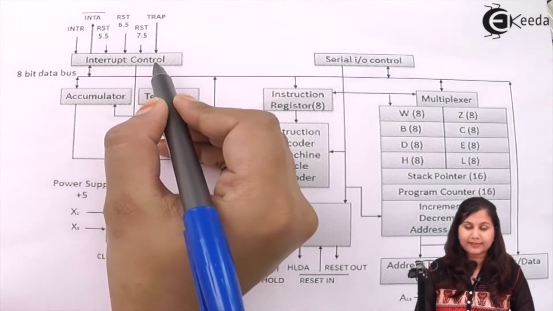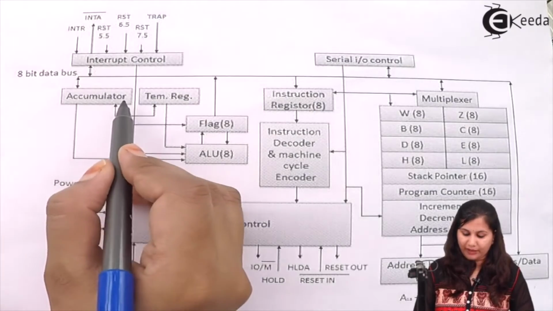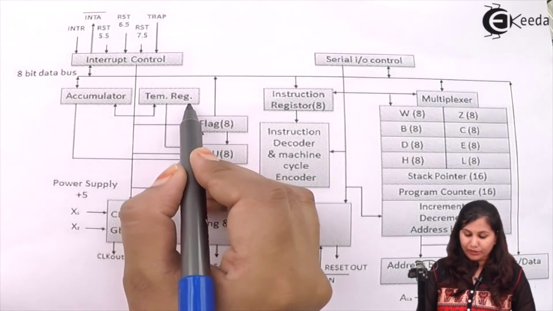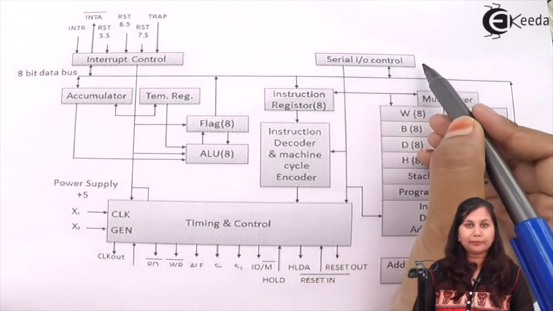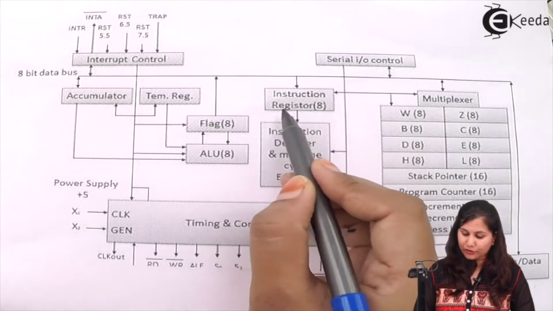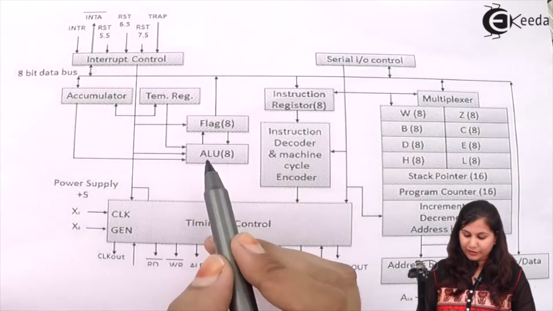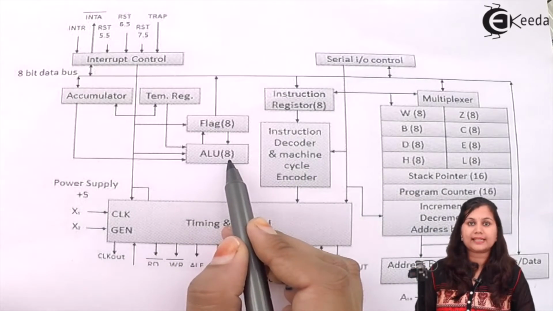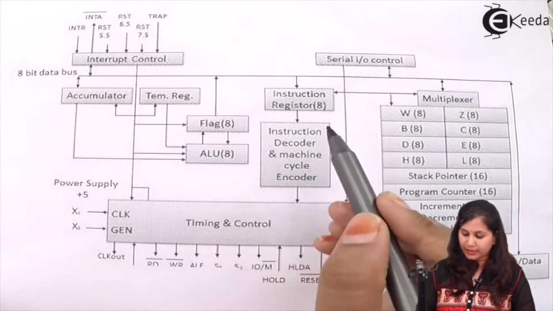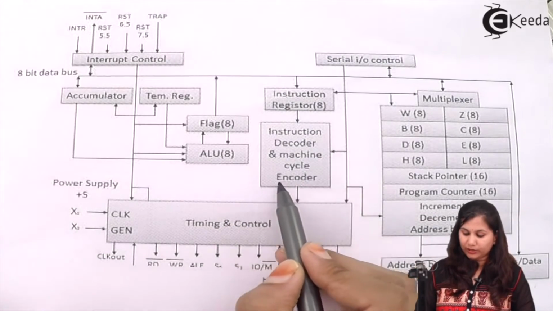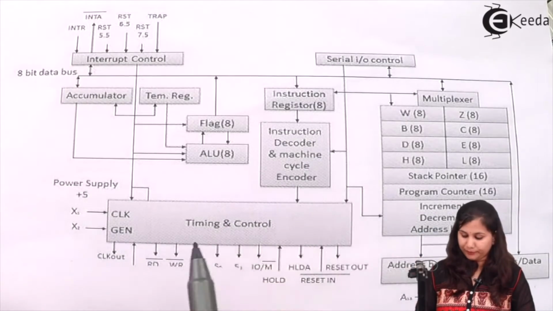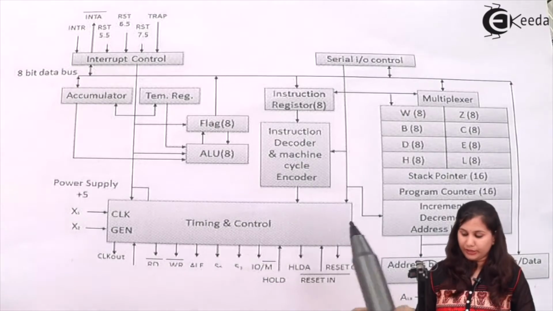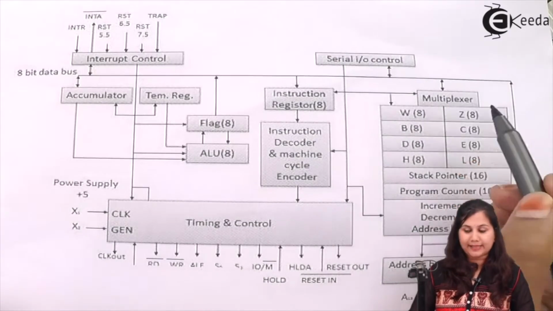The first block is the interrupt control, then we have accumulator, temporary register, serial input output control, instruction register, flag register, ALU, that is arithmetic and logic unit, then instruction decoder and machine cycle encoder, timing and control unit, then we have multiplexer.